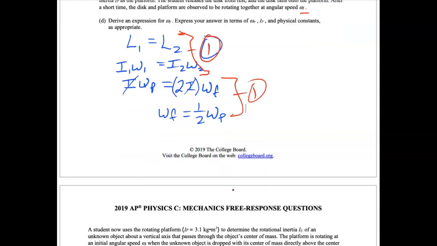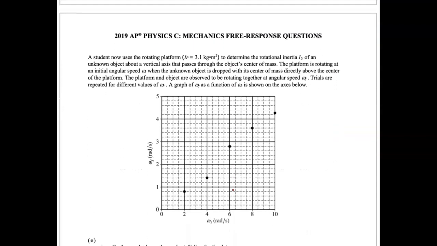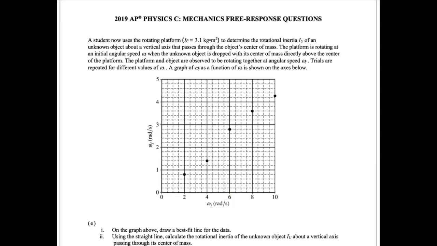p for the platform. Next part, the student now goes through and takes that rotating platform, which has an IP of 3.1 kilograms times meter squared, to determine the rotational inertia IU of an unknown object.